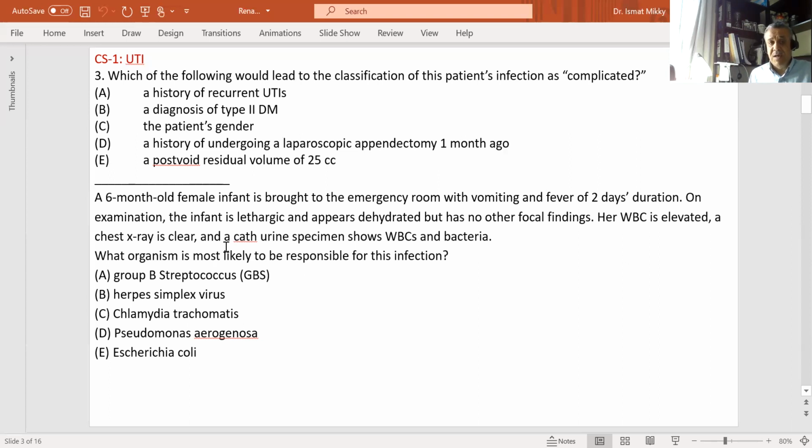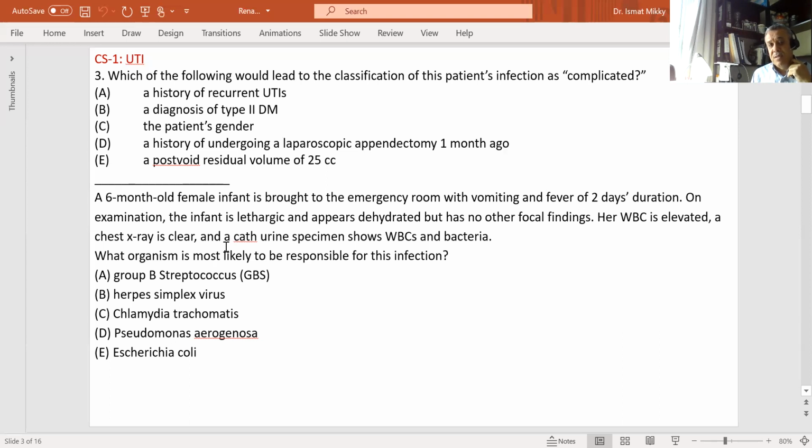So there is a UTI, a urinary tract infection. This is an E. coli. So I'm going to explain all the options here.